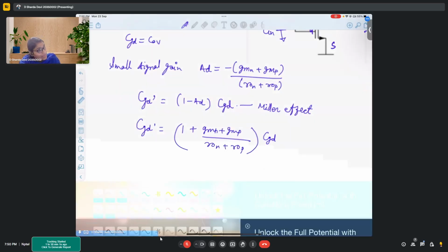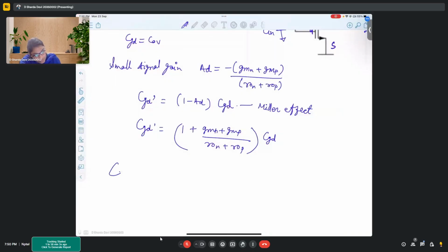Okay, so Cn will be CGS n plus CGD n, CGS p plus CGD p.